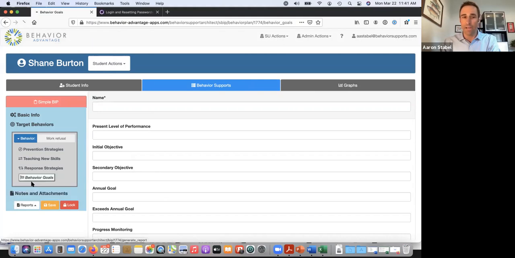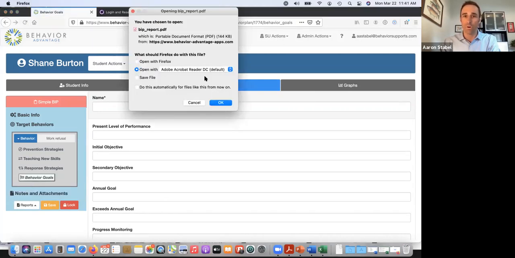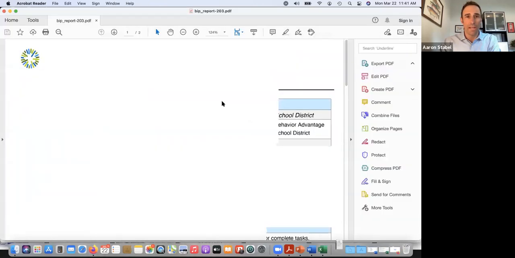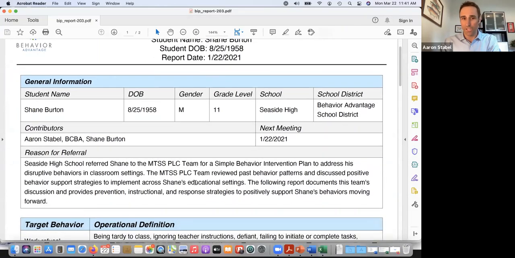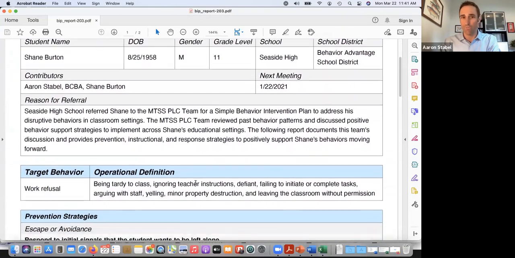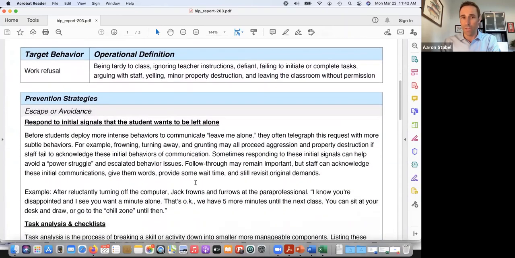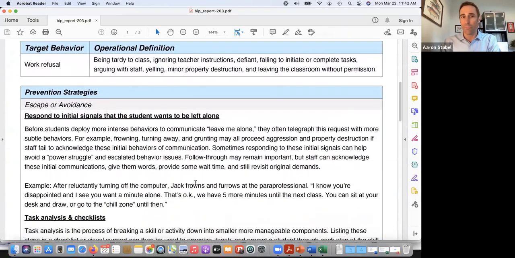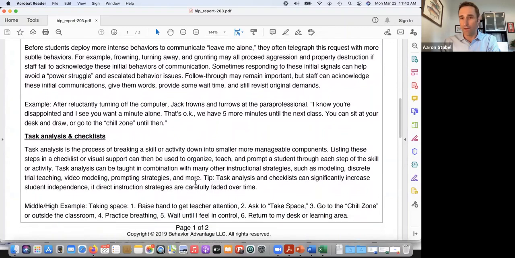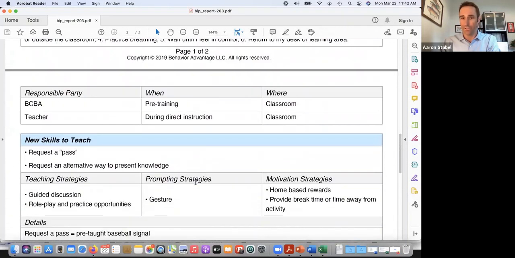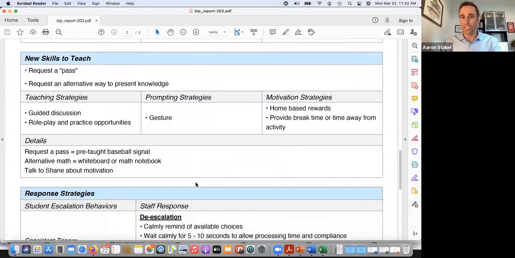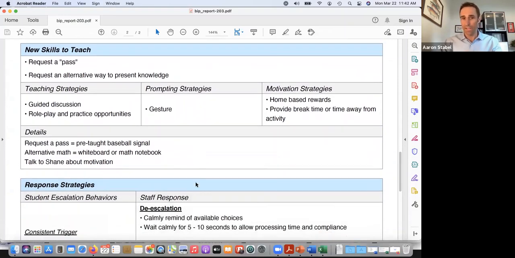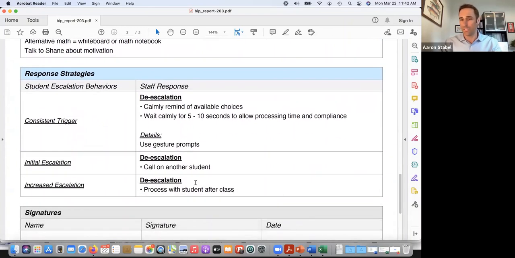I can just click on report and open up a very clean, professional behavior intervention plan report that shows who we're doing this on, Shane, why we're doing this, the problem behaviors we're trying to reduce, the prevention strategies we're going to implement and how we're going to implement them, who's going to do that, the Holy Grail, which is the new skills we want to teach Shane and how we're going to teach them, and then how we're going to respond to future instances of problem behavior.